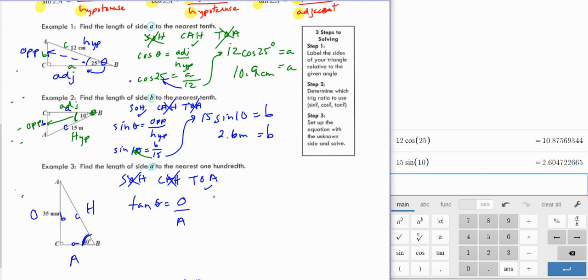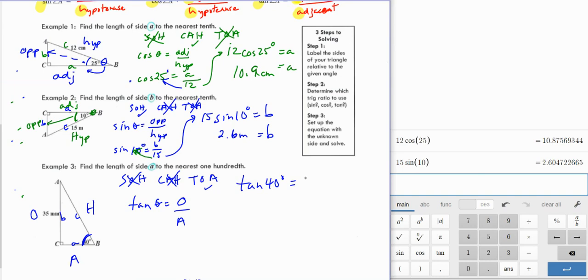All right, let's try it different. I got lots of room over here. So tan 40, forgot my degrees on the last question and that previous one.